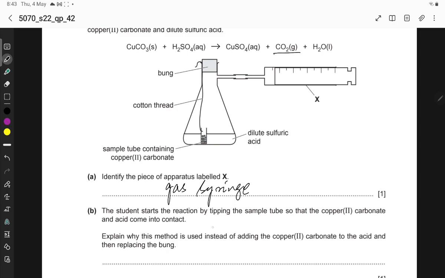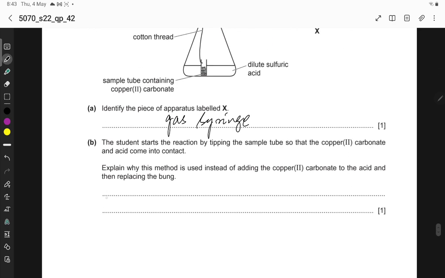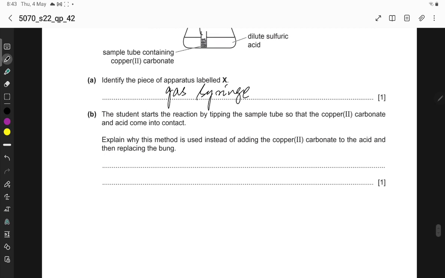The student starts the reaction by tipping the sample tube so that the copper 2 carbonate and acid come into contact. Explain why this method is used instead of adding copper 2 carbonate to the acid and then replacing the bung: to avoid the loss of gas.